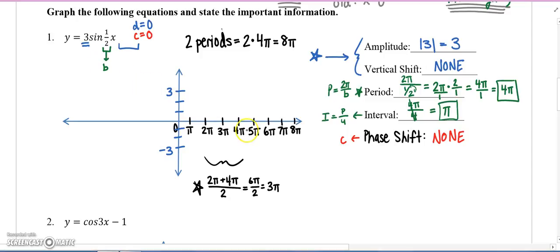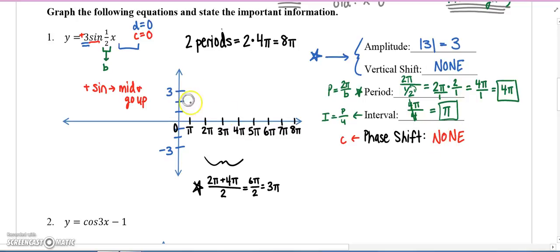Remember you got to figure out where we're going to start, and that depends on whether it's sine or cosine, and whether it's a positive or a negative number in front of sine or cosine. Here it is a positive 3, and it's sine. So positive sine means I start in the middle and go up next. Remember what we said before.